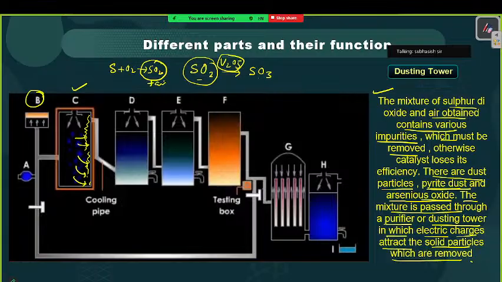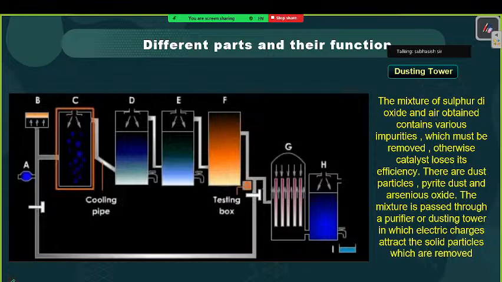They can contaminate the catalyst, and catalyst in presence of dust particles loses its activity, loses its efficiency, and the most important step, that is the sulfur dioxide to sulfur trioxide, would be very much difficult if the efficiency of the catalyst is very less. So dusting tower is one of the important steps.